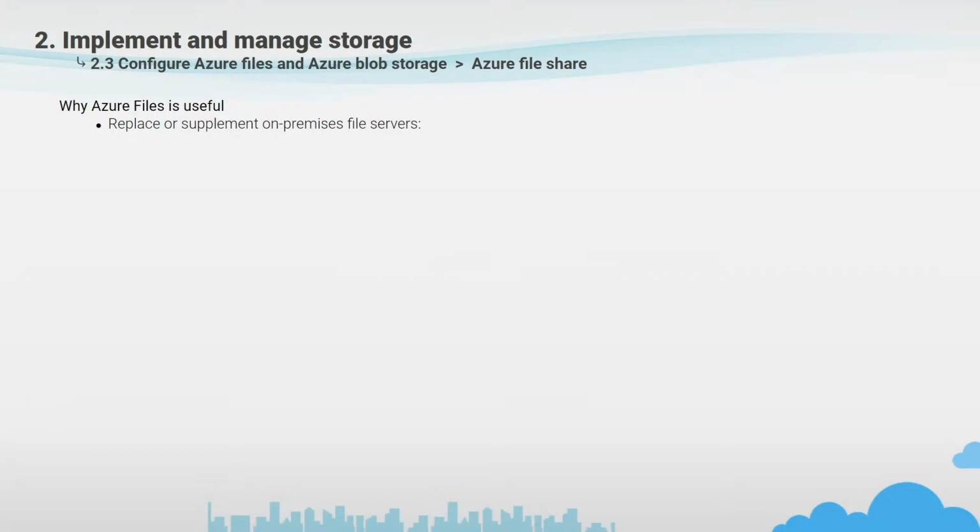With the recent release of Azure Files AD authentication, Azure file shares can continue to work with AD hosted on-premises for access control. Basically, this service was developed to completely replace or supplement traditional on-premises file servers or NAS devices, and for lift and shift of applications.